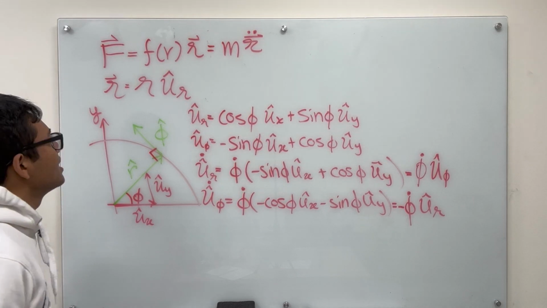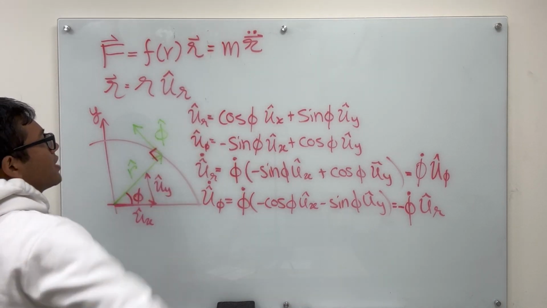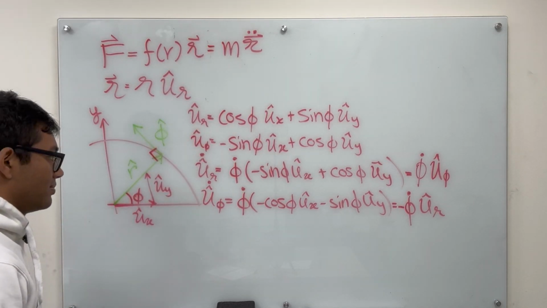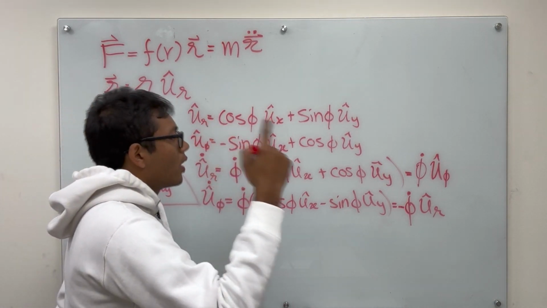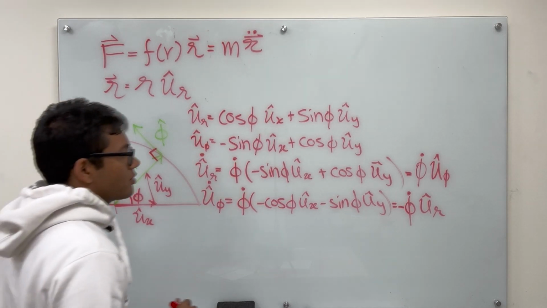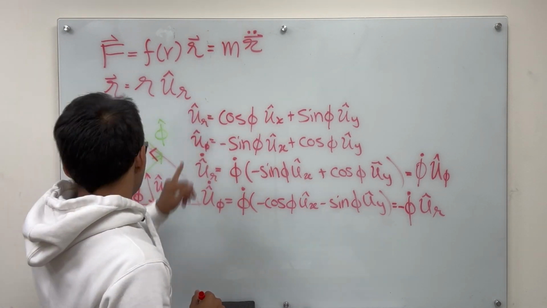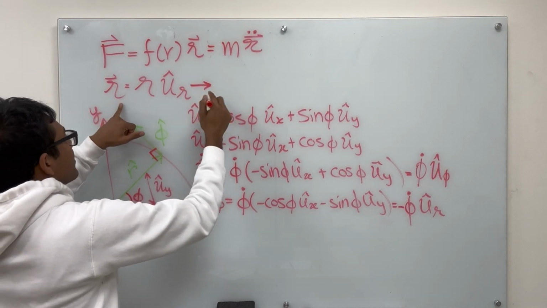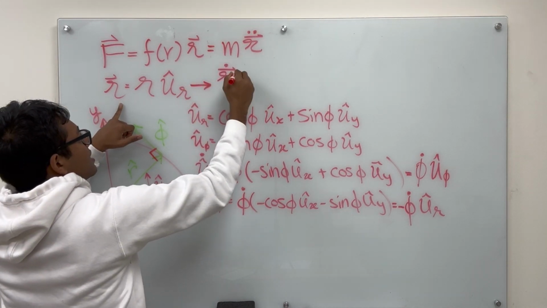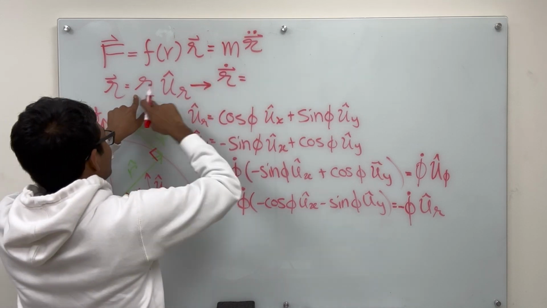Now that we have that, let's go ahead and try to figure out what r double dot is going to be. So first thing I'm going to do is take the derivative one more time. Let's take a look at the r vector here. If I take its time derivative, then what do I get? Well, I'll use the product rule.